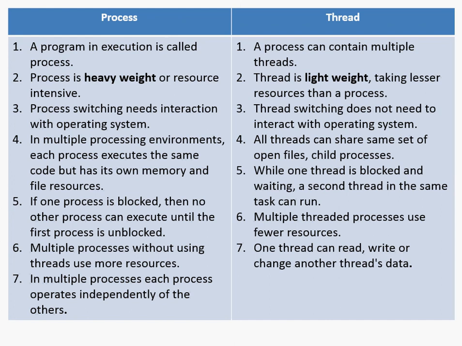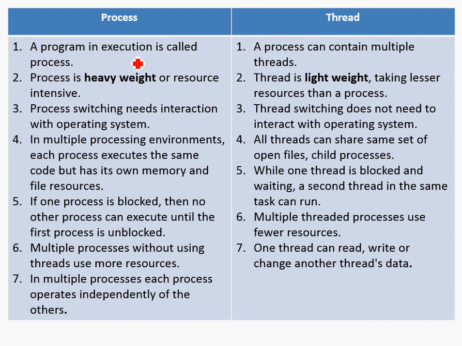Just see here the difference between process and thread. What is actually a thread? A thread is a part of a process. There are multiple threads present in a process. And what is a process? A process is basically a program in execution.